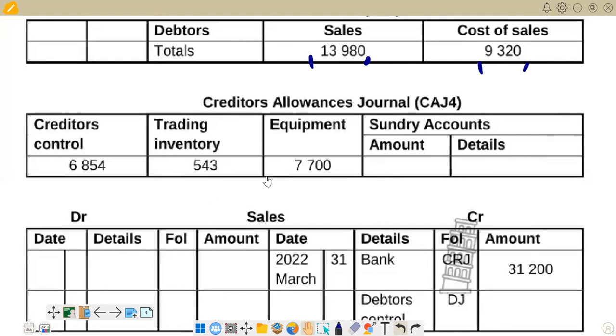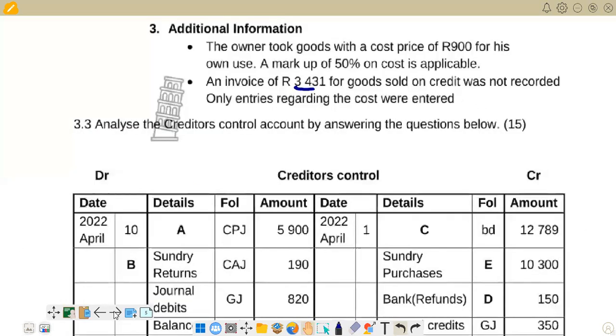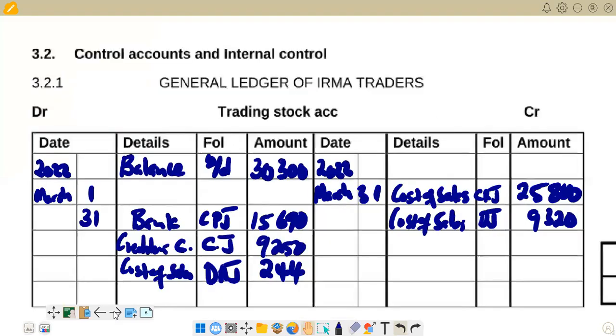So when you are retaining them, they should go to the credit side of the trading stock account or the trading inventory account. And then the opposite entry obviously will go to the debit side of the creditors control. So we go there and enter that one in the trading stock account.